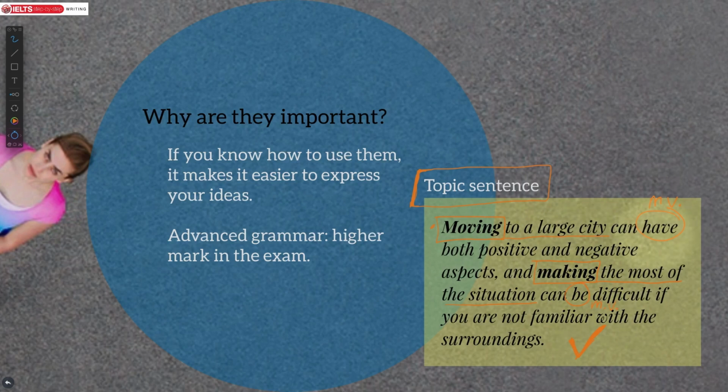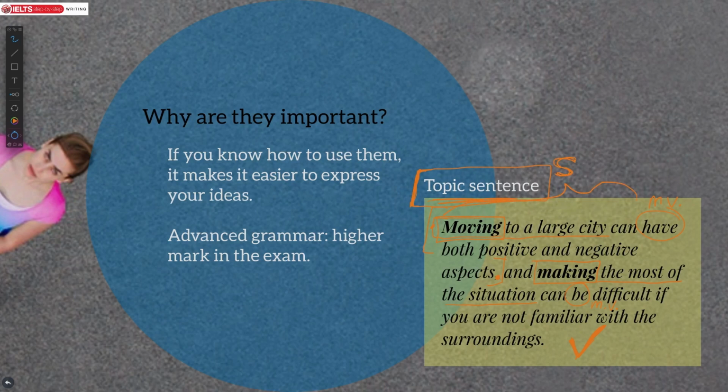Moving to a large city, verb, both positive and negative aspects. I can stop the sentence here, and that is a perfectly good sentence. Moving to a large city can have both positive and negative aspects. Okay, but there we have the gerund phrase, and it's sitting there helping to create this topic sentence because it is functioning as one very big subject.